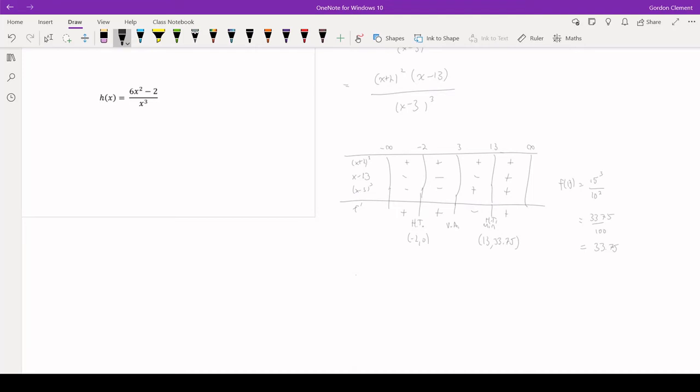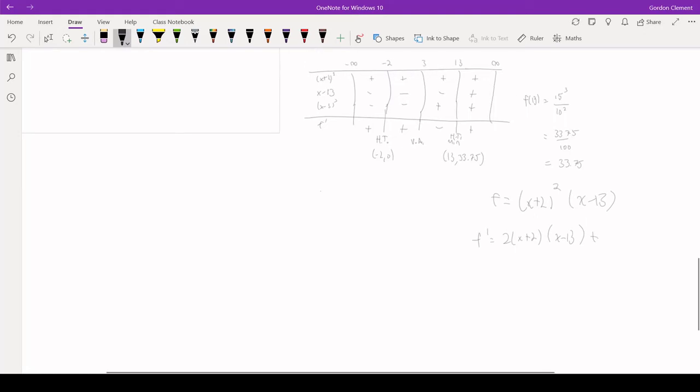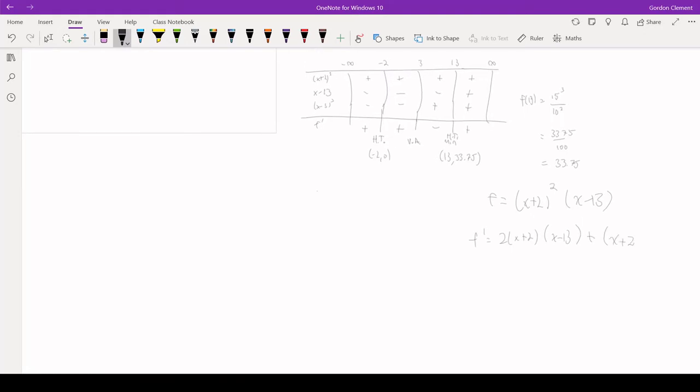So when I redo my product rule, just for the numerator, I need to do an f prime g, plus a g prime f. So f prime is going to be that. g is that, plus g prime, which is 1, times f, which is that.